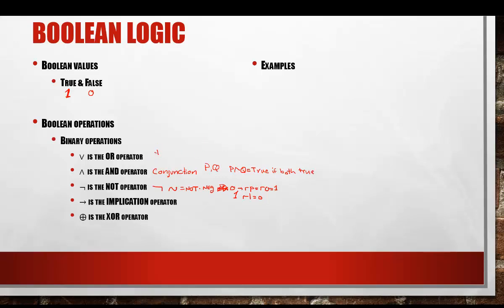Contrary to this, we have the disjunction operation. It also is represented with the OR statement, and it's this upward V. So the AND operation, or the conjunction, is the backwards V symbol, and the upward V is your disjunction.